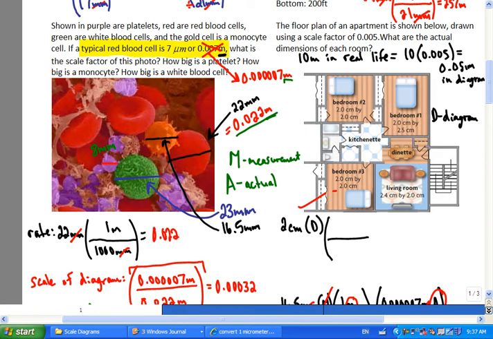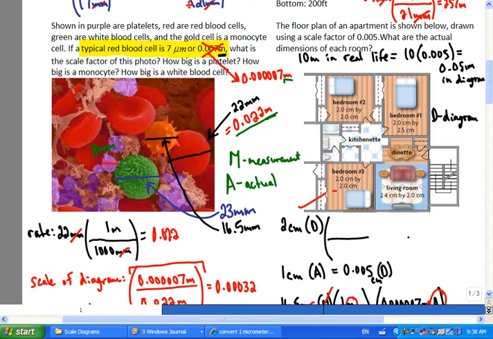You could convert it to meters and talk about meters, but it also applies to a centimeter. 1 centimeter in real life is 0.005 centimeters in the diagram. So I'm going to write that down. 1 centimeter in the real world, the actual measurement, is 0.005 in the diagram.